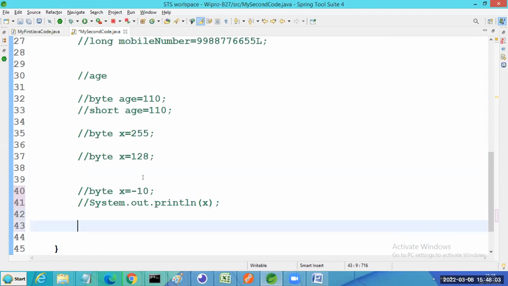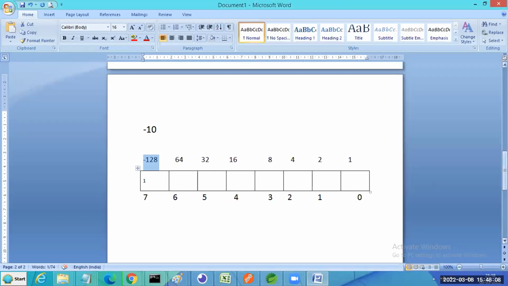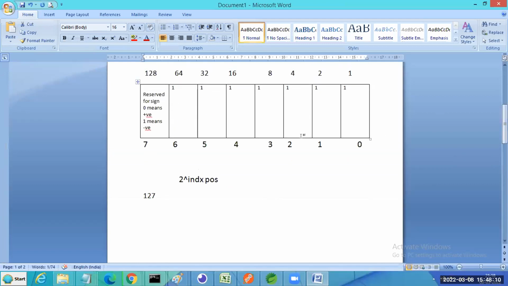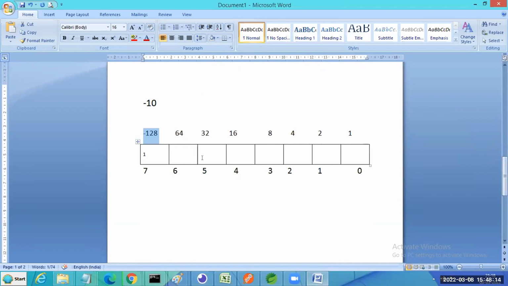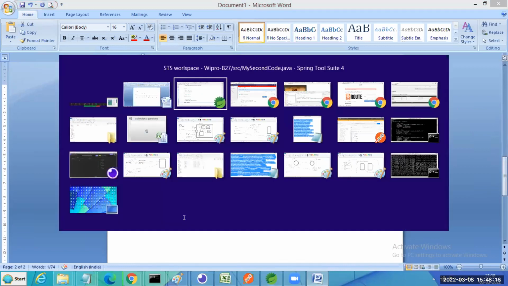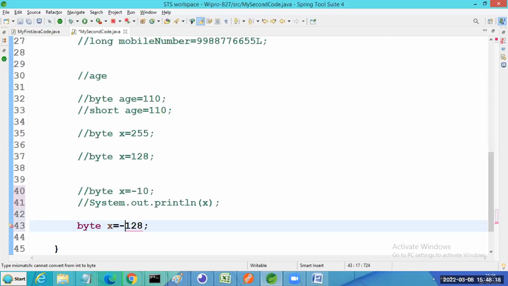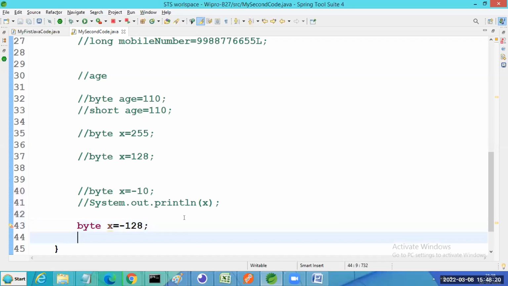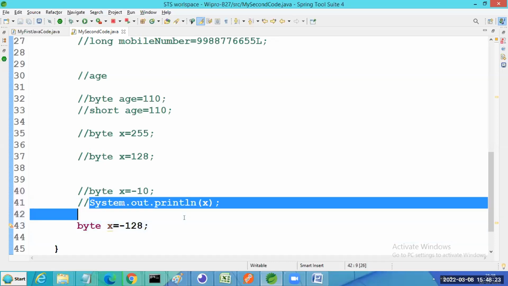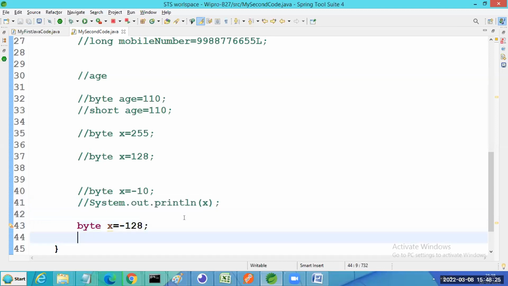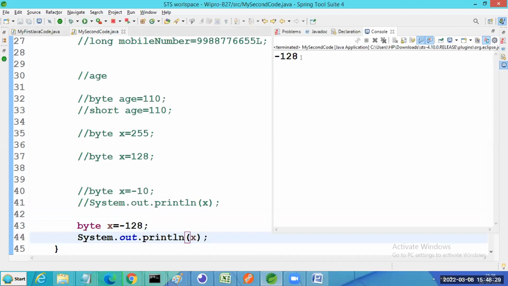It is not possible to store plus 128 because the memory does not fit 128. Now when I add this 1 here and the rest are 0, it is minus 128. So we have memory for minus 128. Can it be stored here? Yes, sir, it's possible. You can see that minus 128 is stored in the byte.